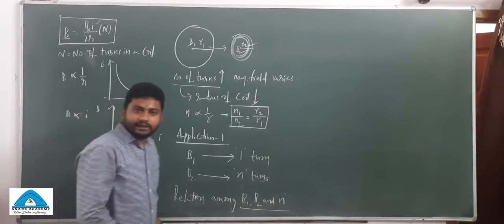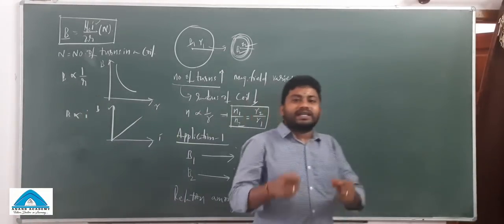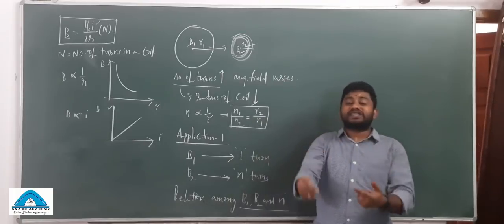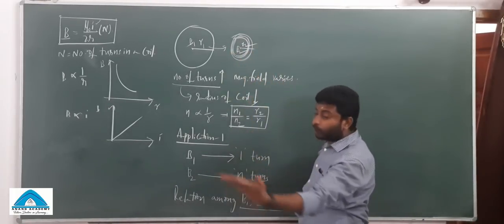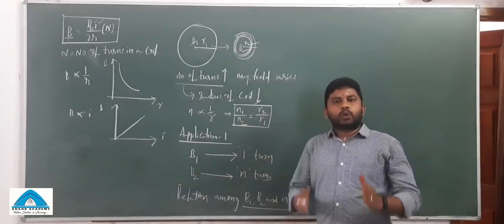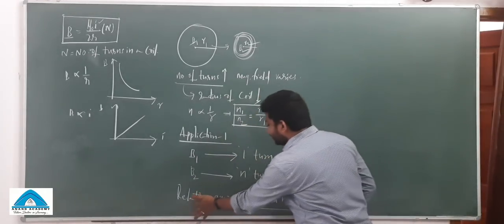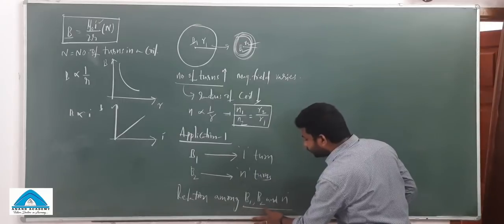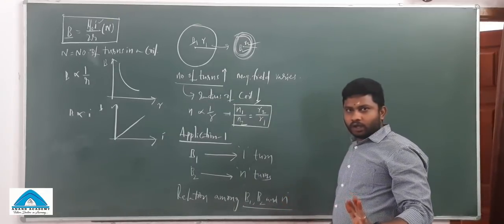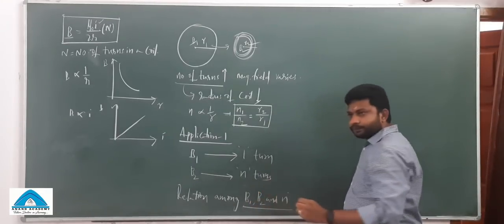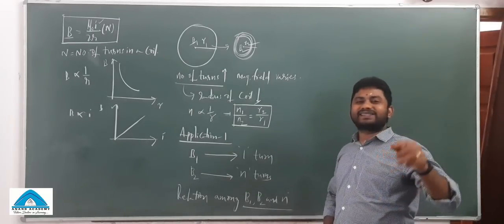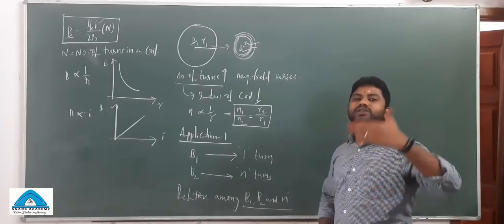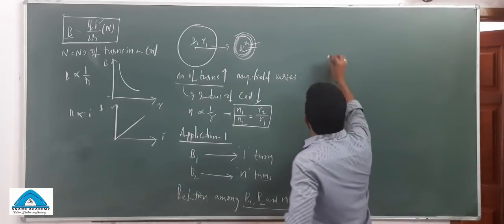So let's start. What I have told you is, when the number of turns is changed, definitely the radius of the circular coil is also changing, and it is varying in this way. So what is our aim here? The relation among B1, B2 and N. B1 and B2 are the magnetic fields at the center of the circular coils through which the current is flowing. So what is our general formula?